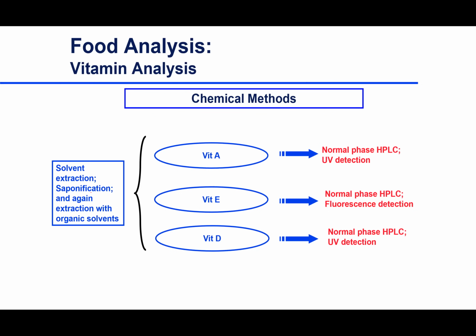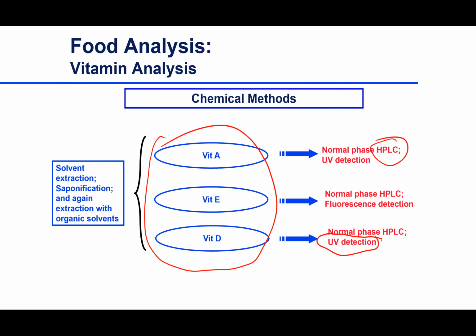There are three examples that are done by high performance liquid chromatography, either normal phase or reverse phase, using either UV detection, for example, or for vitamin E. Vitamin E is nice because it fluoresces, and that makes it easier to measure because fluorescence is a less common characteristic of molecules than is absorbance.